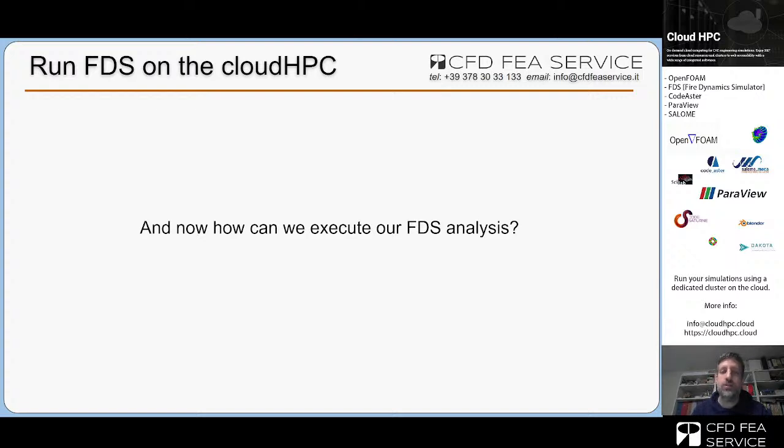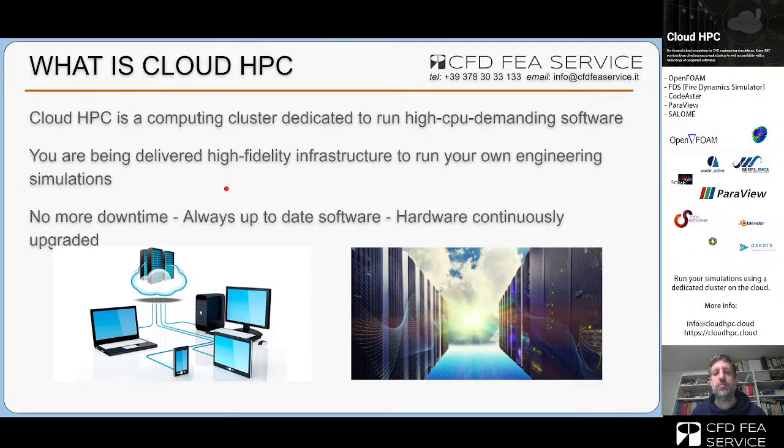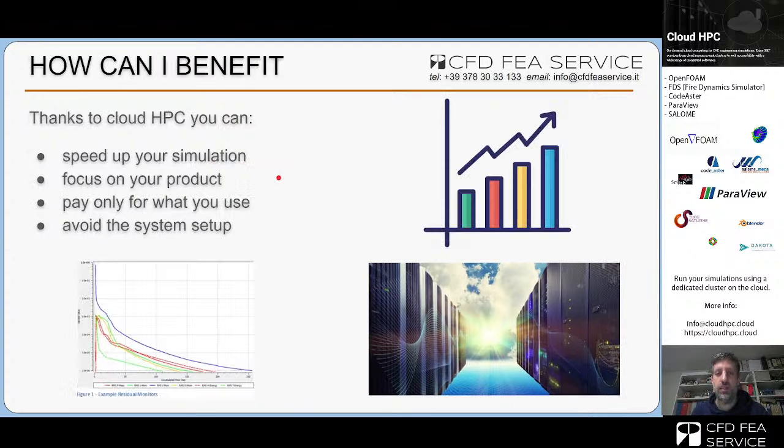uses a lot of hardware resources in our computer, okay? So for this, we provide, let's say, hardware resources on the cloud. So it is possible to execute the FDS on a remote hardware system and just download the results at the end of the simulation, okay?